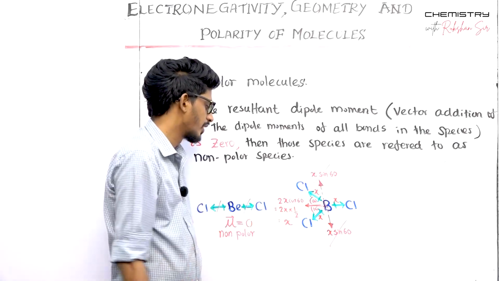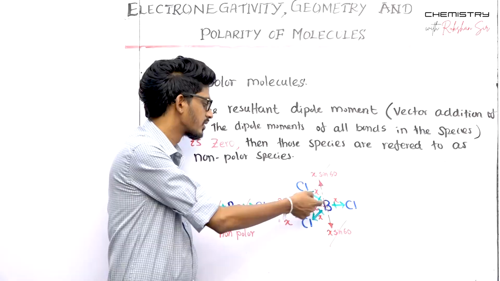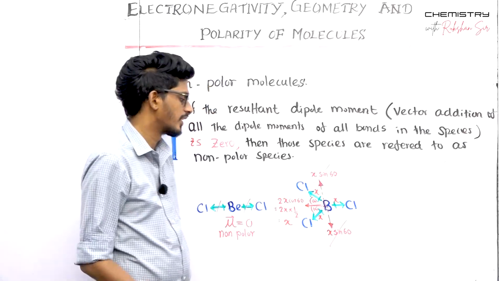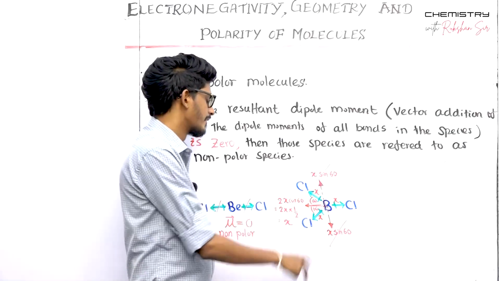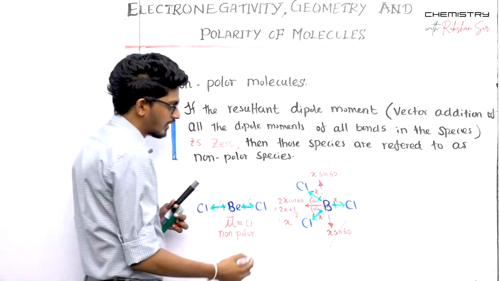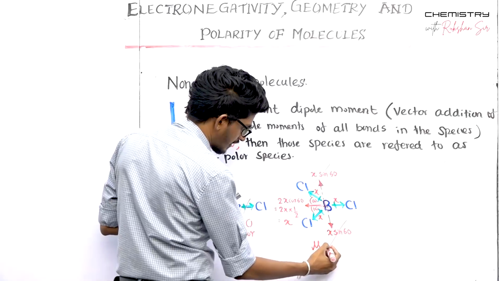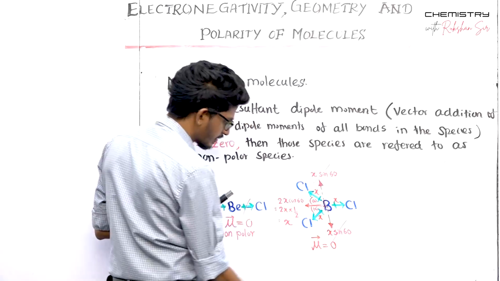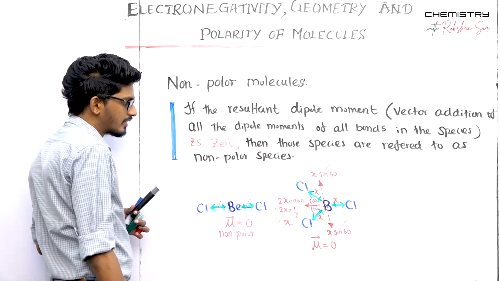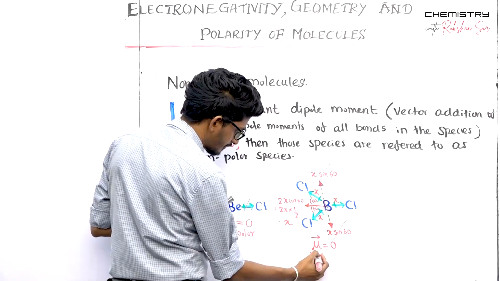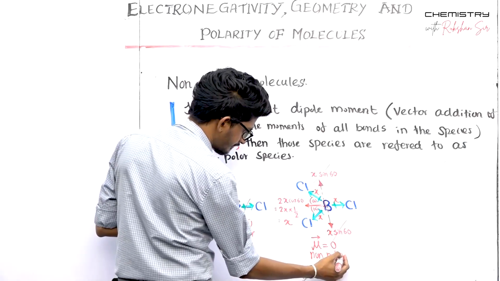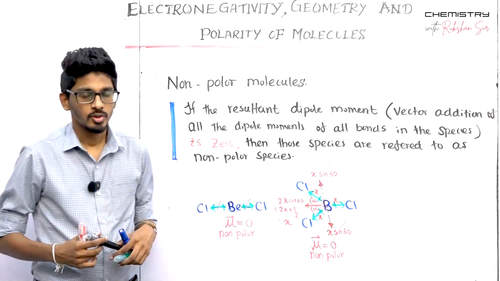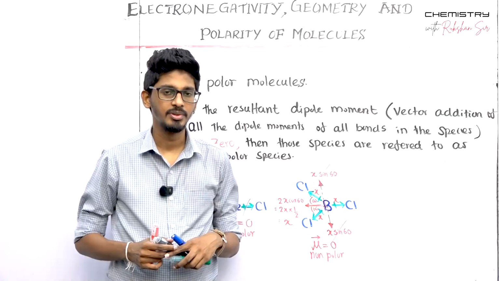So the vertical resolve will also cancel off, as well as the horizontal resolve, so that the net vector is equal to 0. The net dipole moment is 0 for BCl3, so that it is non-polar. No resultant dipole moment appears with BCl3. It's non-polar.